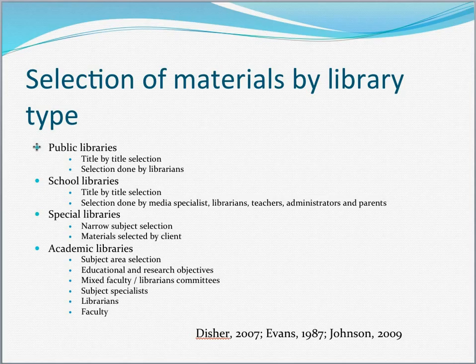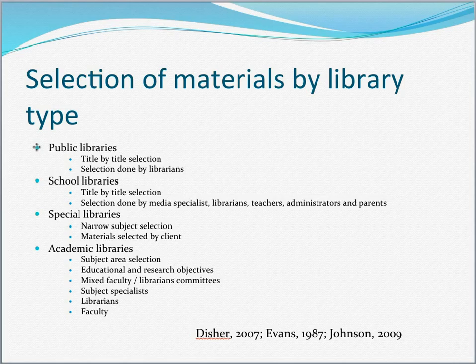In academic libraries, it's also very complex because you have faculty, you have instructors, you have students, you have grad students, you have the staff, you have the librarians too. So what they do is they have mixed committees of faculty and other members of the community and librarians to help in the selection process.